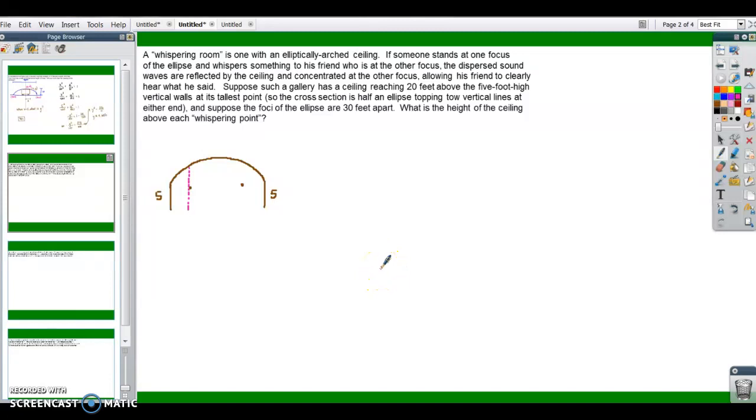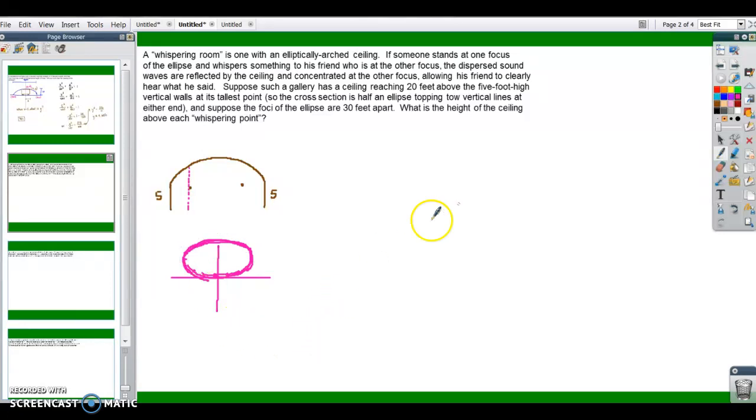Okay, if I were to take this ellipse and draw in the whole thing, I would end up with something that looks like this. If I was looking at the cross section, I end up with an ellipse that is going to be a really bad drawing, but there's my whole ellipse.